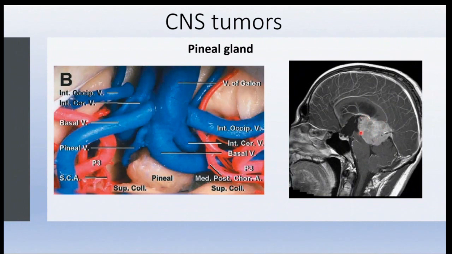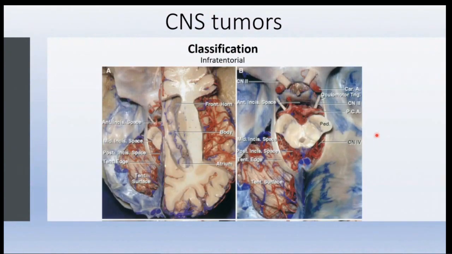And these tumors usually are radiosensitive, luckily, because it's a very difficult area to operate on. So for pineal tumors, we have a special differential diagnosis. I'm not expecting you to know the differential diagnosis of pineal region tumors, but I would like you to know that tumors in the pineal gland or the pineal region have specific considerations in neurosurgery.